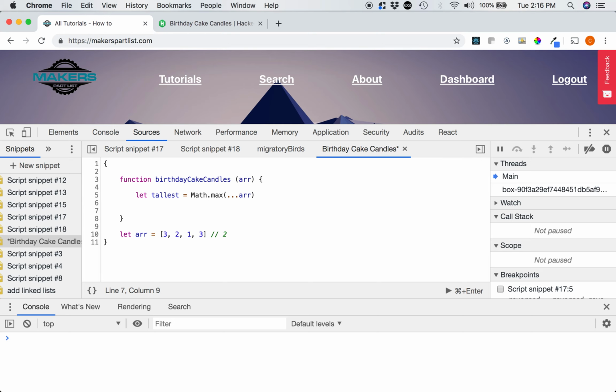So we have to find them. You can either do a for loop, or instead, I'll do filter.